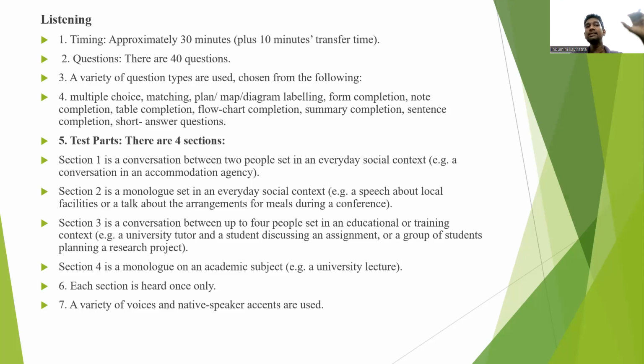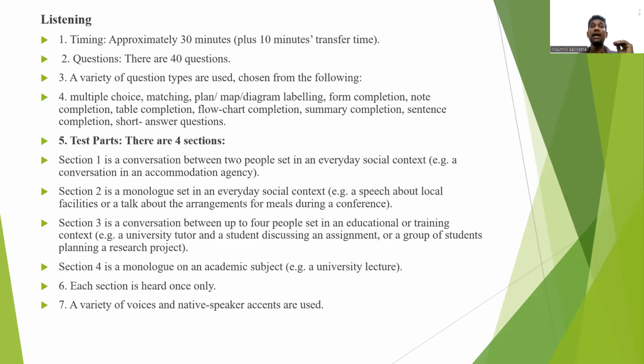So through all these things, you need to keep something in mind. Always, section-wise, the test is getting a bit difficult. The first is a conversation between two people about accommodation or a train or bus schedule. But section 2 is a monologue, a little bit higher.